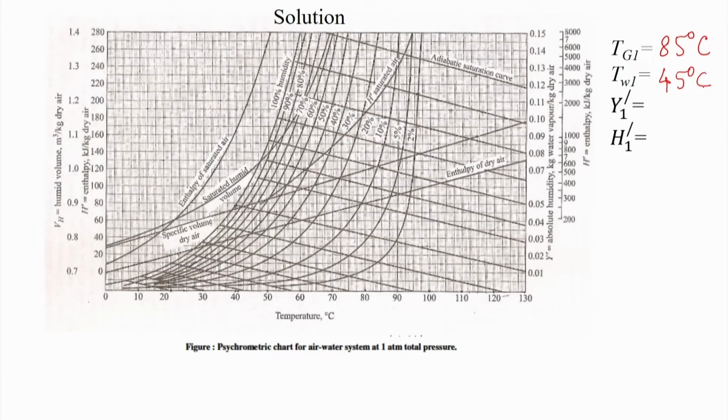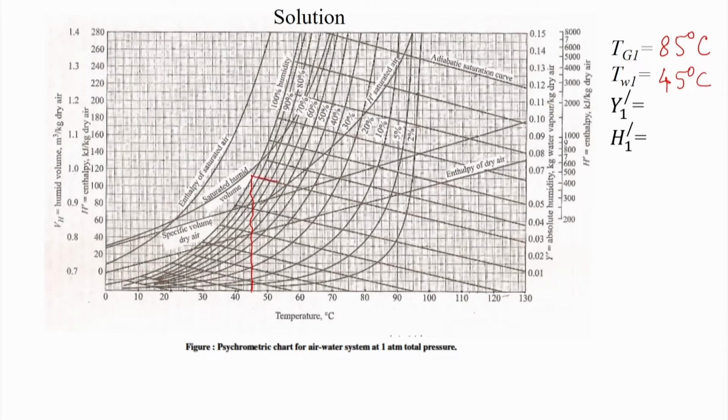We start from 45 degrees Celsius, Tw1, and move in the vertical direction till 100% saturation, and then follow the adiabatic saturation curve.